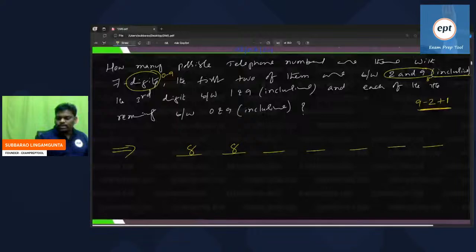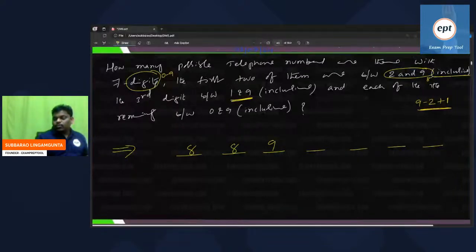The second one also has 8 possibilities. The first two are between 2 and 9 inclusive, so 8 possibilities each. But if you see the third one, it is between 1 and 9.